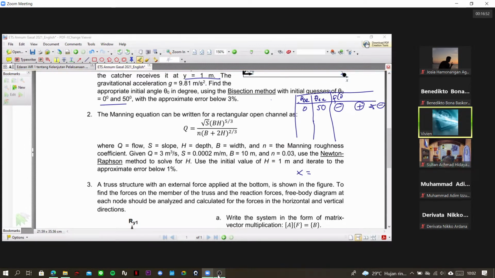xi minus the old value f. So this will be the calculation for the new root.